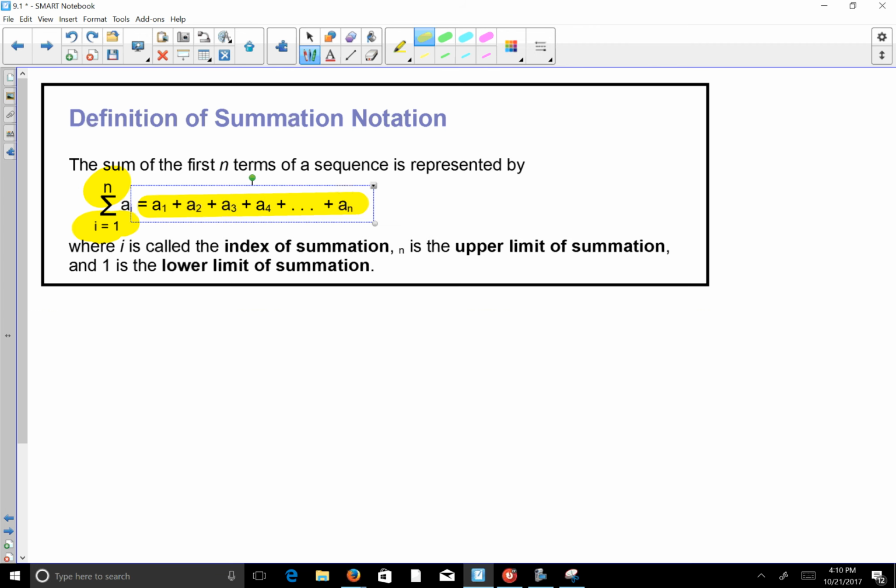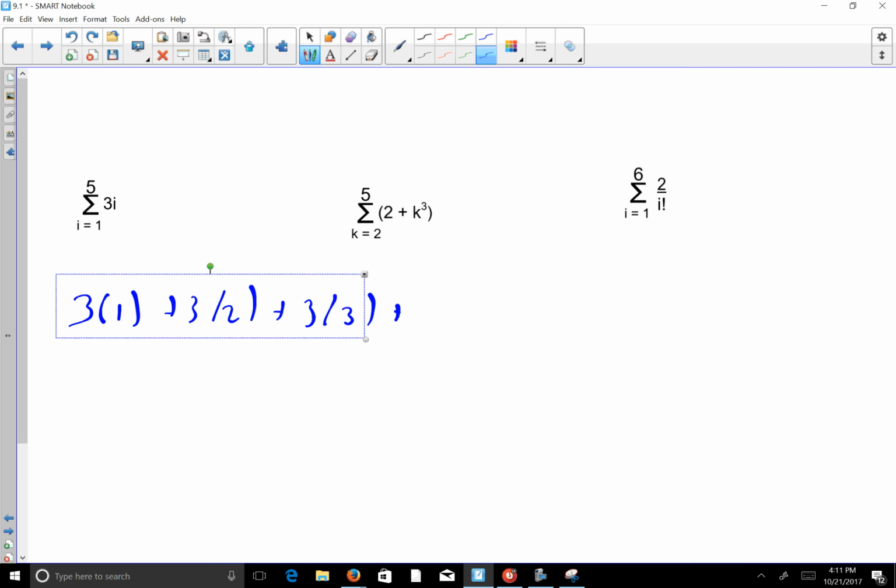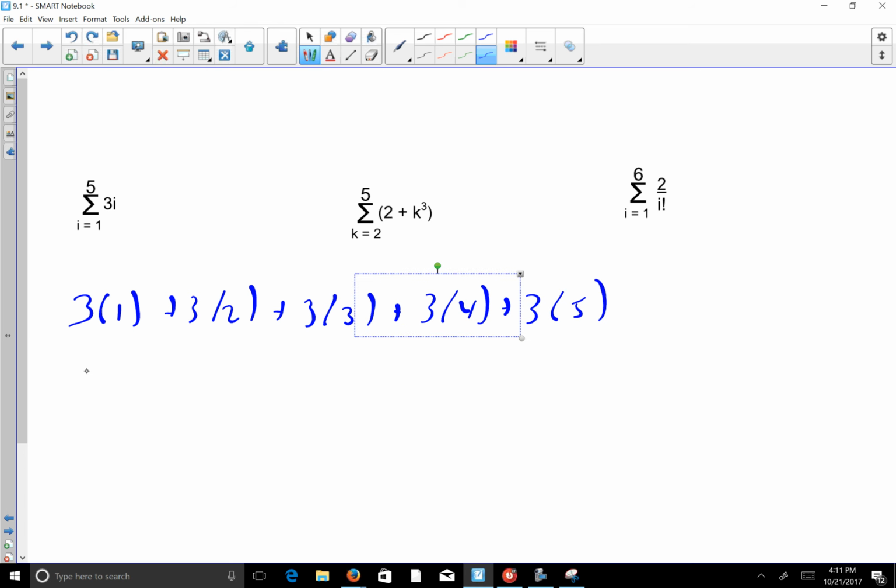Let's just do one. This problem is asking me to start at 1 and go to 5. So I start by putting 1 in for i. I'm going to say 3 times 1 plus 3 times 2 plus 3 times 3 plus 3 times 4 plus 3 times 5. So 3 plus 6 plus 9 plus 12 plus 15.